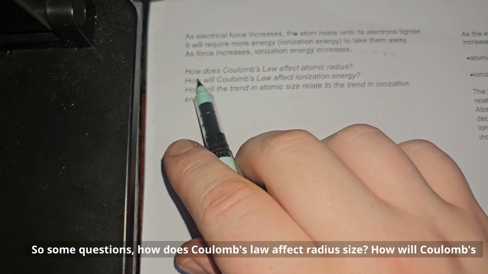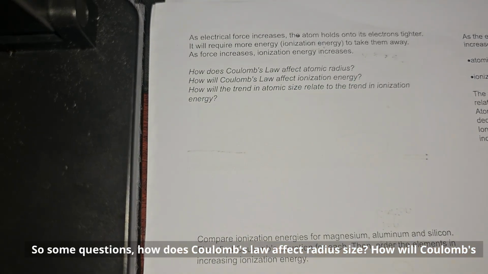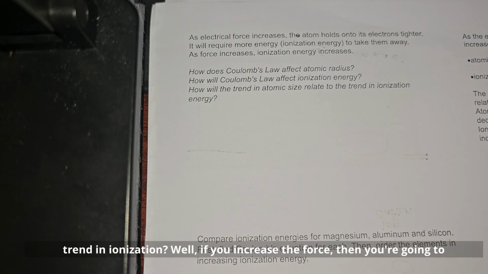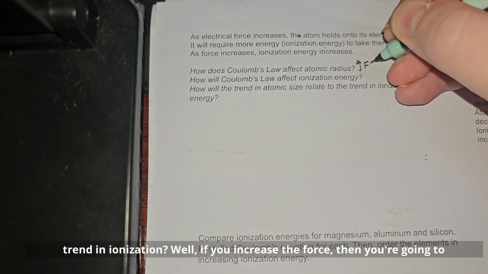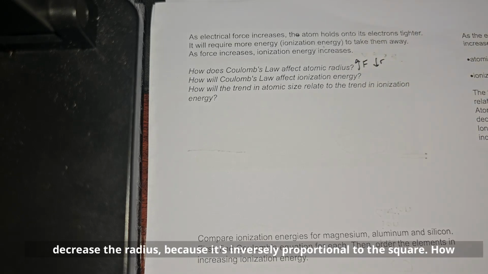So, some questions. How does Coulomb's law affect radius size? How will Coulomb's law affect ionization energy? How will the trend in atomic size relate to the trend in ionization? Well, if you increase the force, then you're going to decrease the radius because it's inversely proportional to the square.